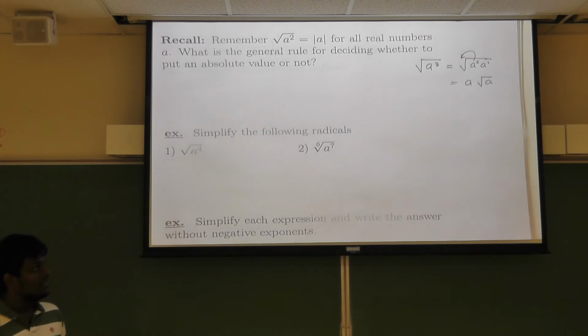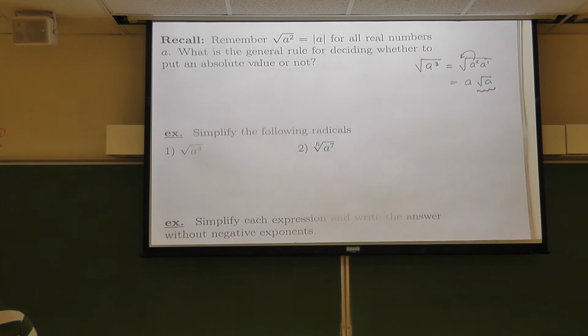You can see in that example, I did not completely pull out that a from the square root because there is something remaining still in the radical.